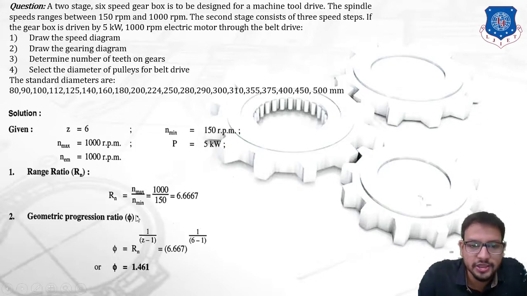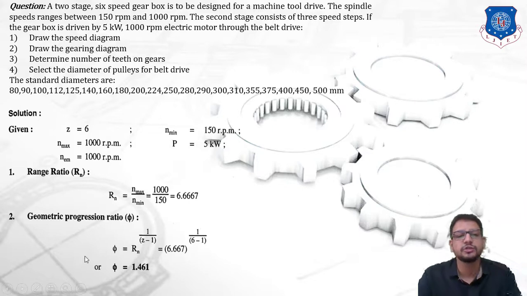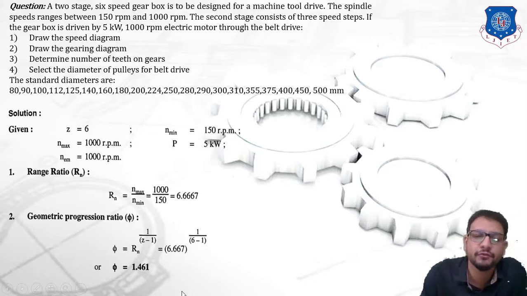We know the relation between phi, range ratio and number of speed steps: phi is equal to Rn raised to 1 upon z minus 1. So phi is equal to 6.67 raised to 1 upon 6 minus 1. The answer for phi is 1.461. By using this equation, we have determined two terms, range ratio Rn and phi.